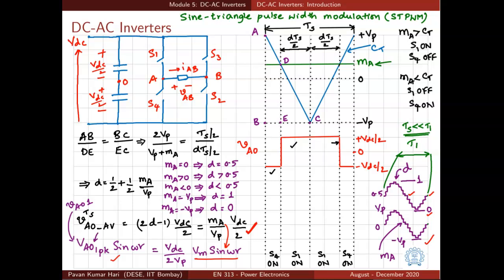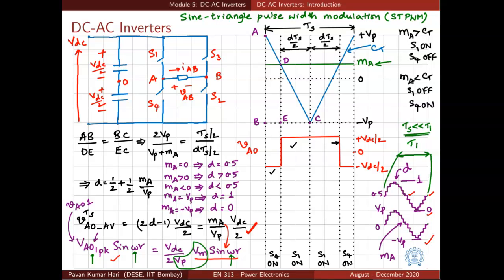If you want a particular fundamental component to be generated with a given VDC, you adjust this ratio Vm by V peak such that you get the desired peak value of the fundamental component, and you also adjust this omega so that you get the required omega.